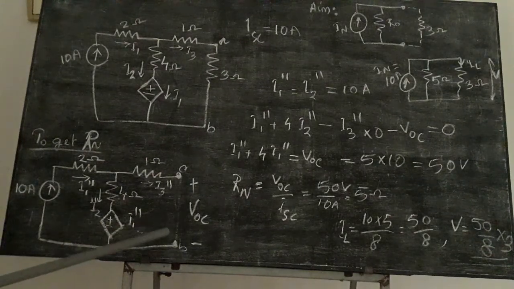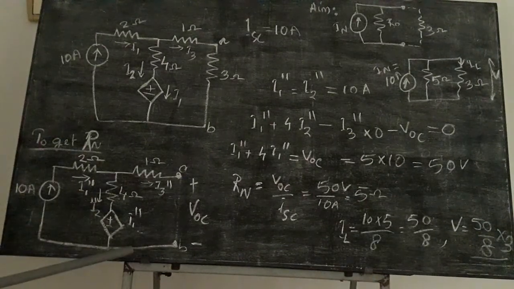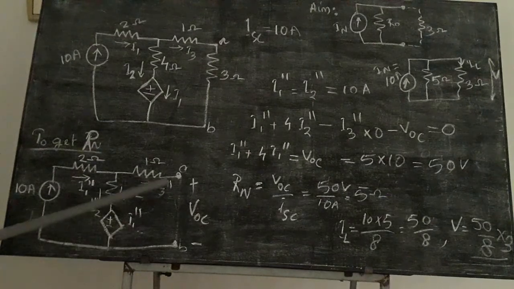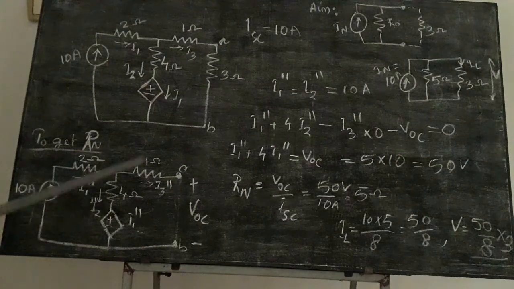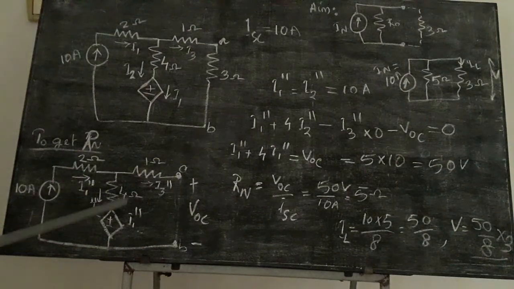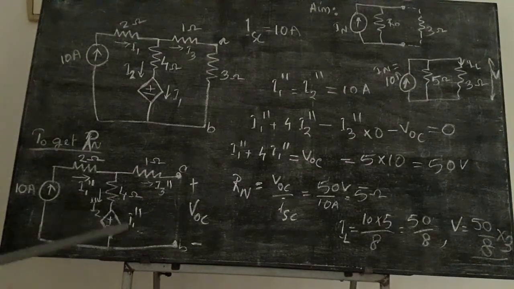So to get VOC, we are applying KVL to the second loop. See, KVL to second loop. We are tracing the loop in the clockwise direction, moving upwards a voltage source. So I1 double dash plus 4 I2 dash. Similar to the previous case, current I2 dash coming downwards, we are going upwards.